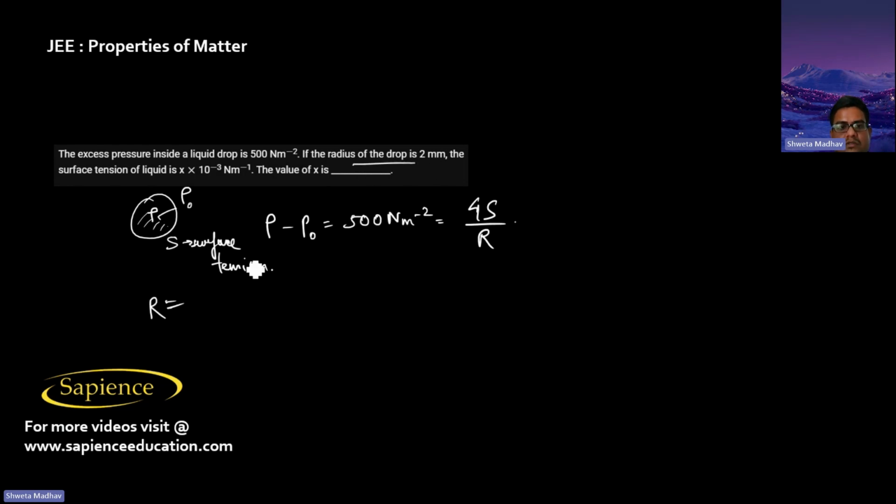It has been told that it is 2 millimeter, so it is 2 into 10 power minus 3 meter. The surface tension S of the liquid is x into 10 power minus 3 Newton per meter.